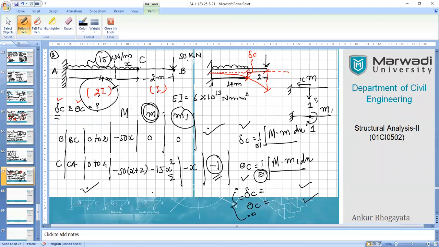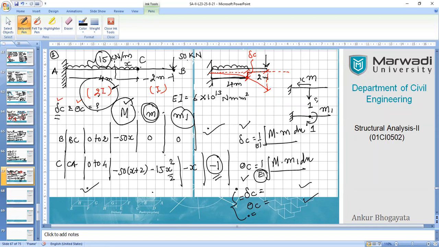The first load is the externally applied load, because of which we get our first most important equation due to capital M here. You watch the movement of my digital pen on the slides. Because of the 50 kilonewton load and 15 kilonewton load, we have developed this equation for the first segment and second segment altogether.